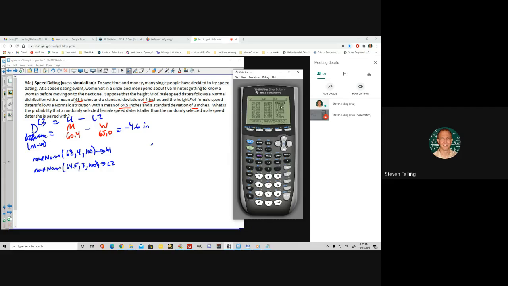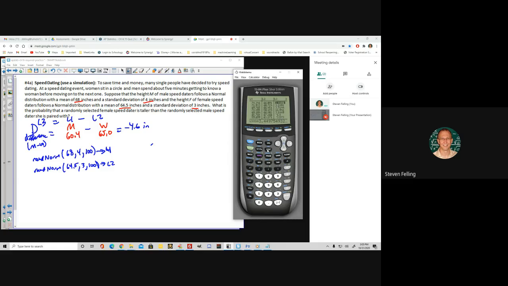In these couples, like this 3.4, means the man is 3.4 inches taller, but this negative 1.5 means the man is 1.5 inches shorter, therefore the woman is taller. So if I want to figure out my simulated percentage chance of having the woman be taller, I just need to count up how many of these 100 differences are negative. To make it easier to count, I'll show you how to sort list 3 from lowest to highest, so that we get the most negative to the most positive.